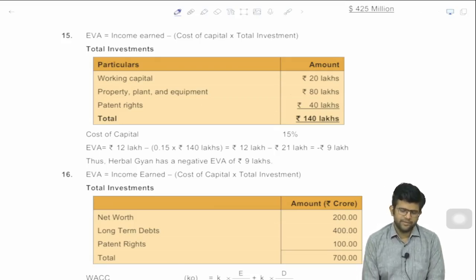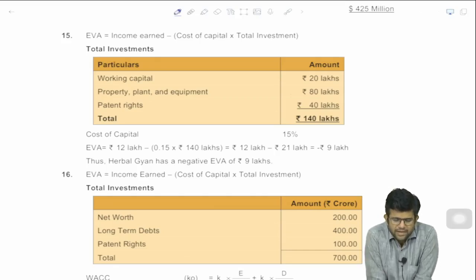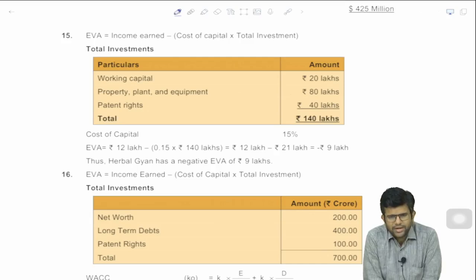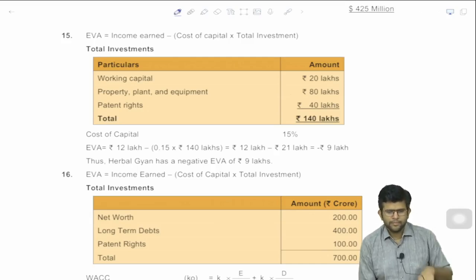Please copy it from here only if you want. For EVA, they have written one formula. You write as per how we have been writing. They have written net income earned. You write EBIT 1 minus T, so that when you are reading you should have uniformity.